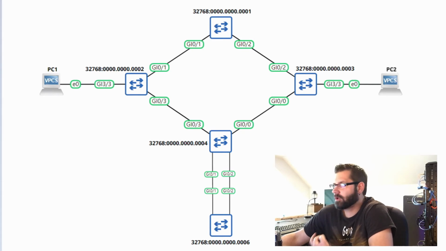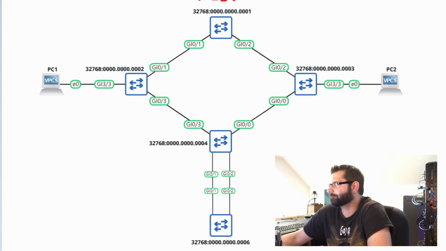Okay, so if you chose this switch right here, then you were correct. This switch right here is going to be root, and that is because it has the lowest bridge ID. So default priority, 32.768.